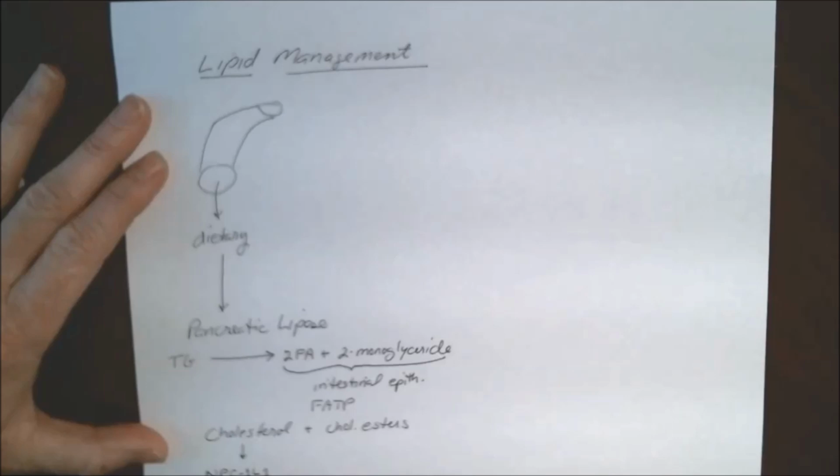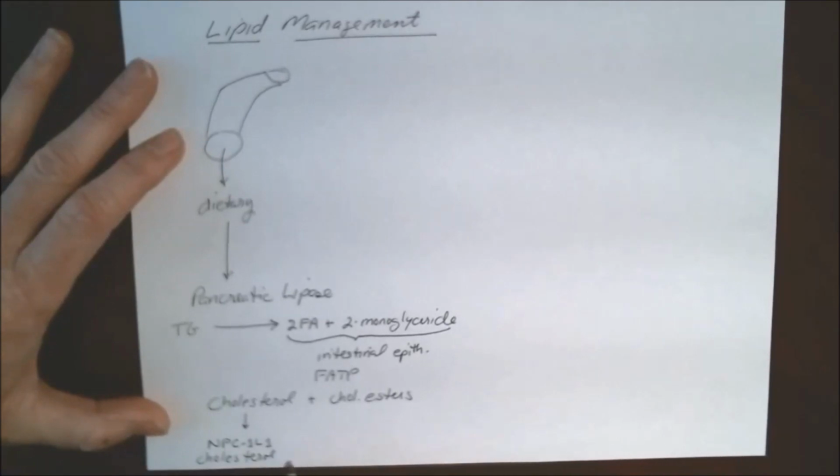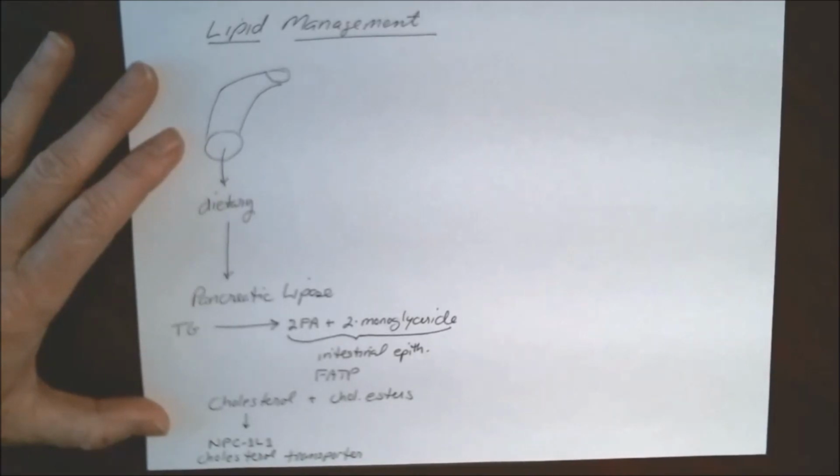This is a cholesterol transporter, and it is located on the apical surface of the intestinal epithelial cells, and it's involved in taking cholesterol up from the lumen and into cells.